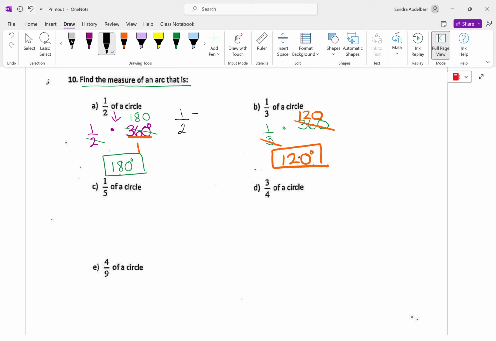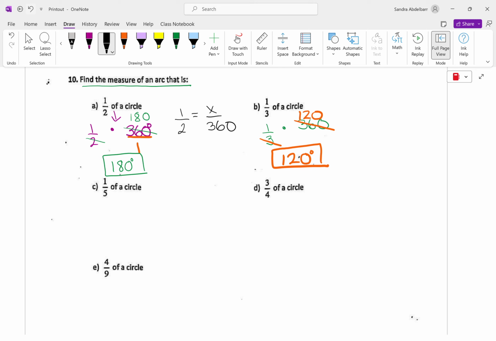Some other students like to do proportions, which I'm fine with. So students are saying, okay, well, 1/2 equals x over 360. That's a proportion. The only issue I see when students use proportions is they think they can cross simplify through an equal sign. Can we simplify through an equal sign?